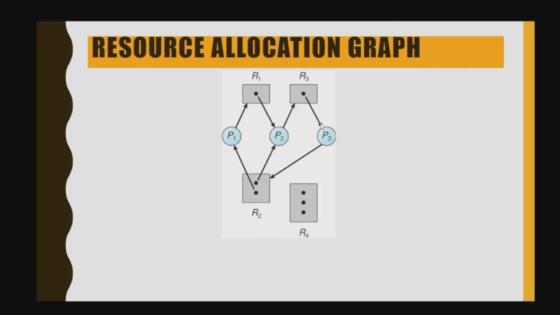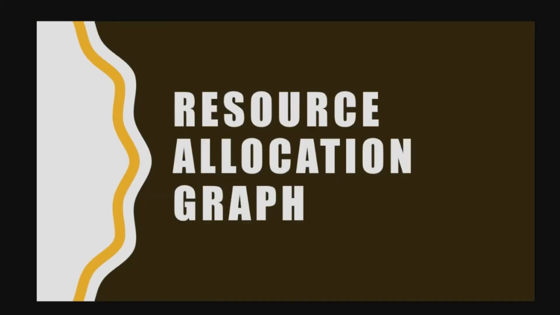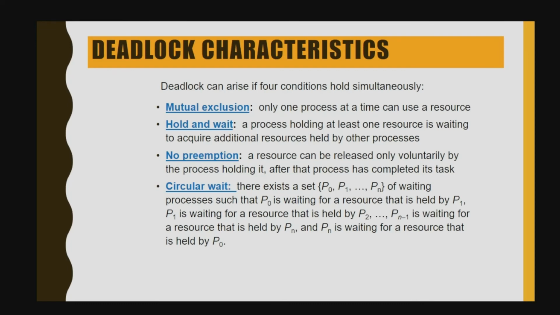If you look at this scenario, the graph being illustrated, from this one to this one, to this one, and back, it is a circular wait. So in this case deadlock may occur because we have a cycle. You can look back at this characteristic: when we have a circular wait, then deadlock can arise.